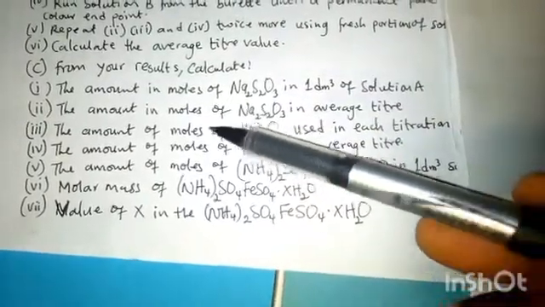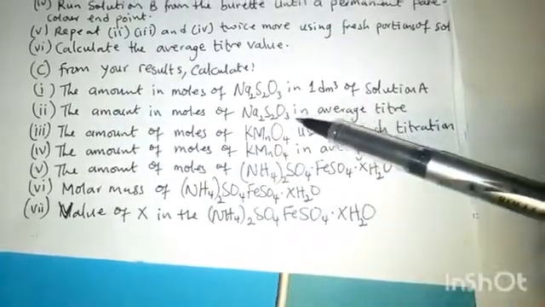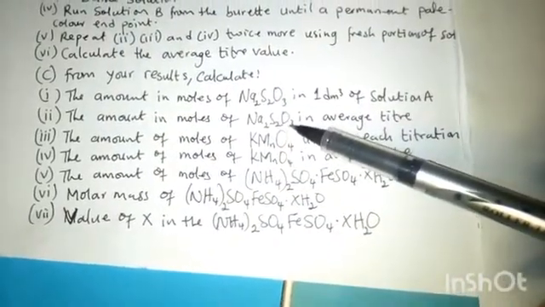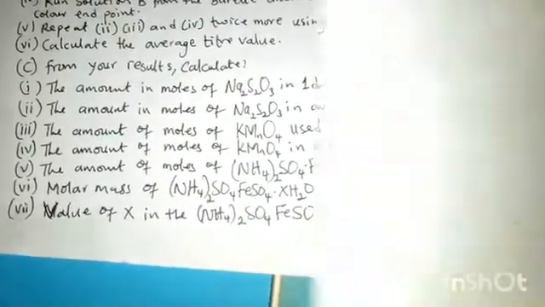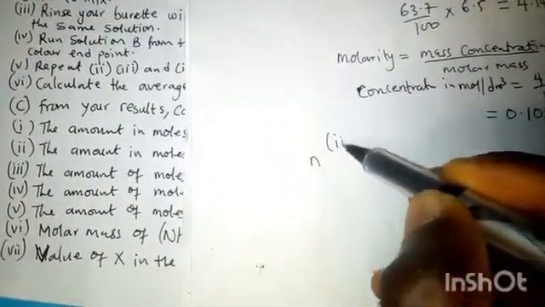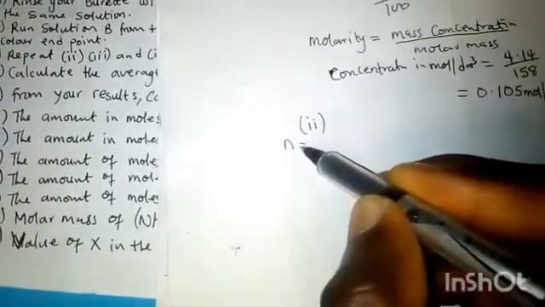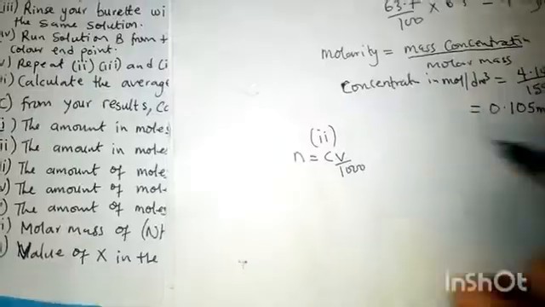Now we are meant to look for the amount in moles of anhydrous sodium thiosulfate in the average titer. To get the number of moles, question I, we use the concentration times volume over 1000.